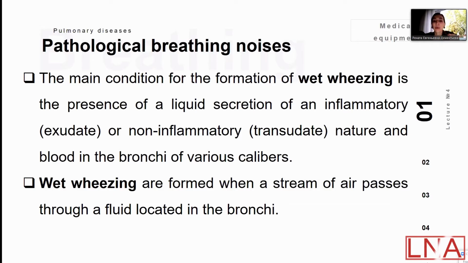Wet wheezing is formed when a stream of air passes through a fluid located in the bronchi. Pay attention: fluid is present and the air stream passes through the fluid in the cavity.